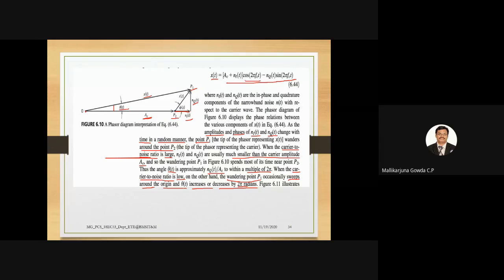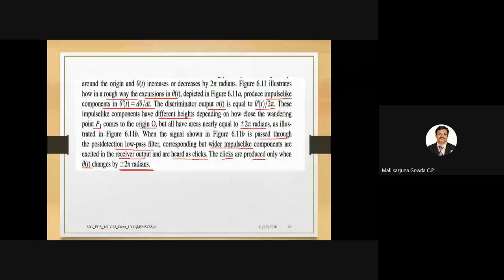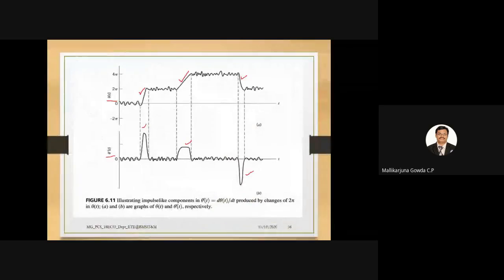Whenever it varies randomly with time, I considered two cases: when it is large, what happens, and when it is small, what happens. With respect to that, I am telling how the clicks will be generated at the receiver output. It is simple, try to understand. Many times a question will be asked on this.